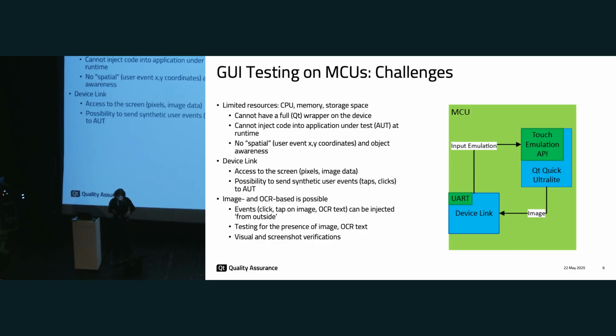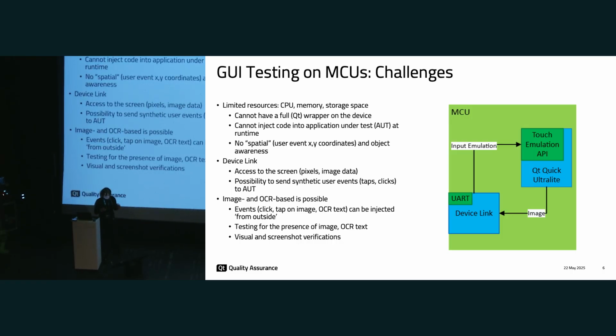It does this by synthesizing these user events and injecting them into the application. And it gives us access to the image data, all the pixels on the screen, which we can then use to do image-based testing. And on top of image-based testing, we can add OCR, optical character recognition, so we can even recognize some text.